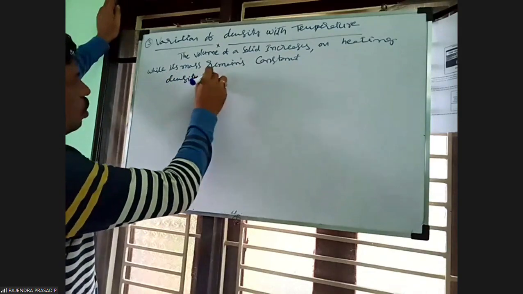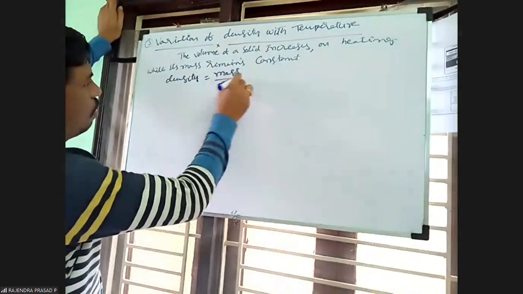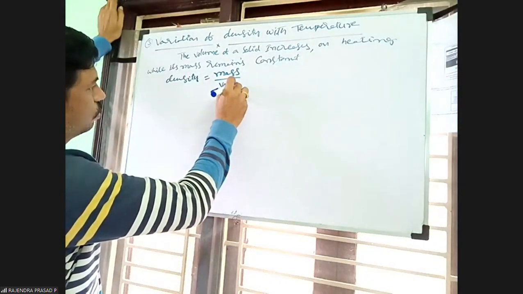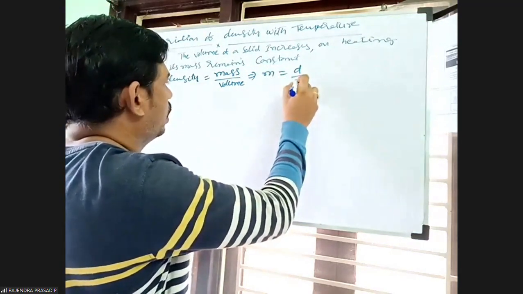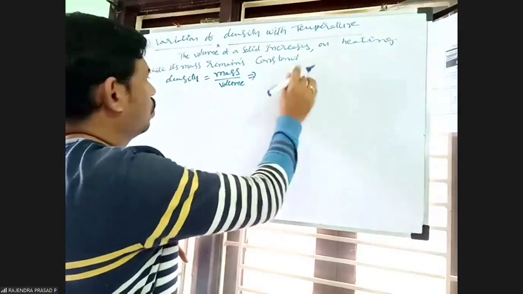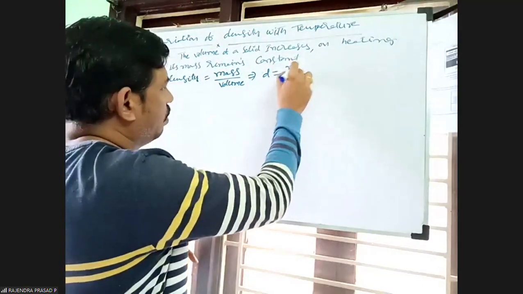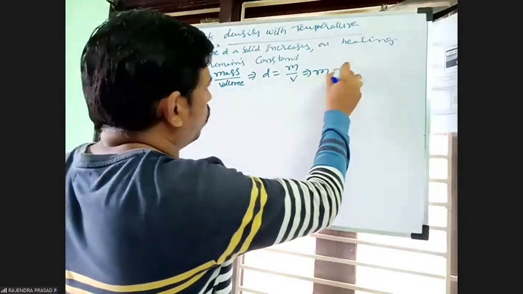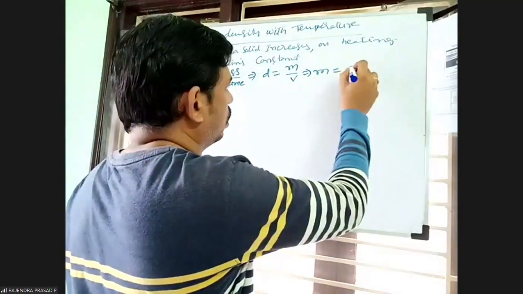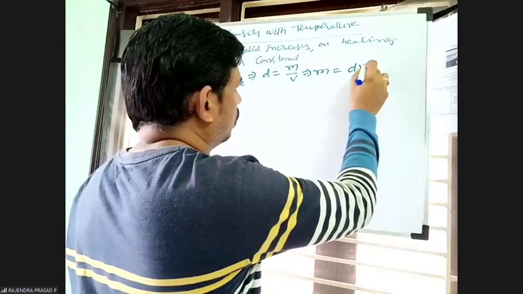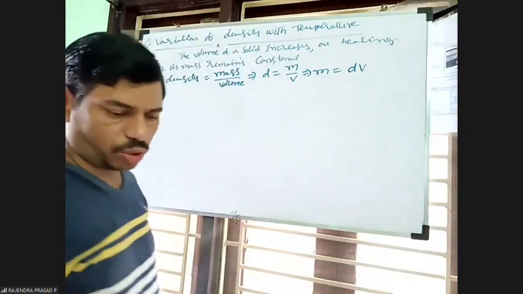So density equals mass by volume. D is density, denoted rho, equals M by V. So M equals dV: mass equals density into volume.